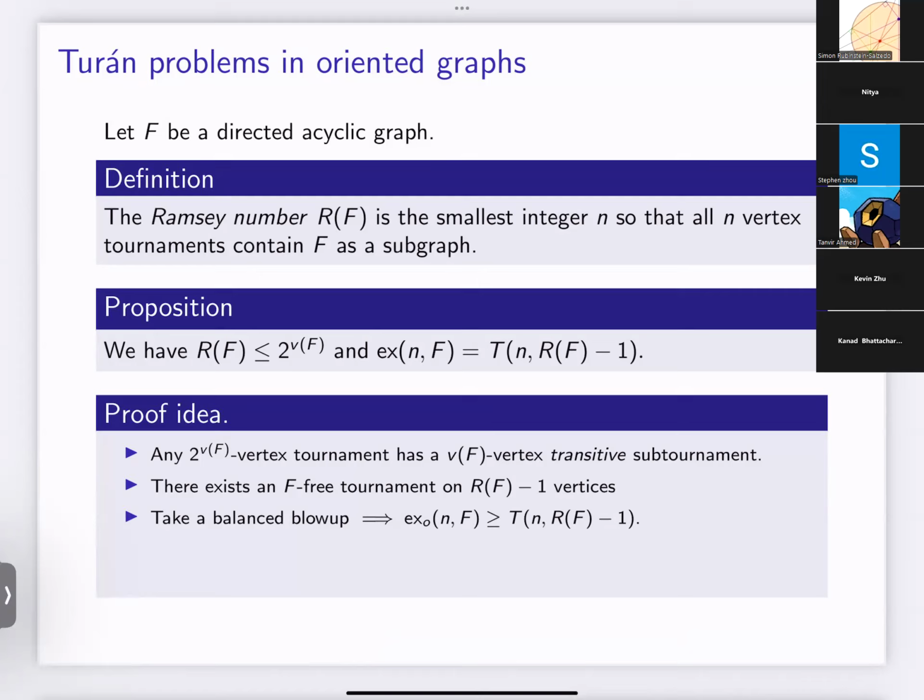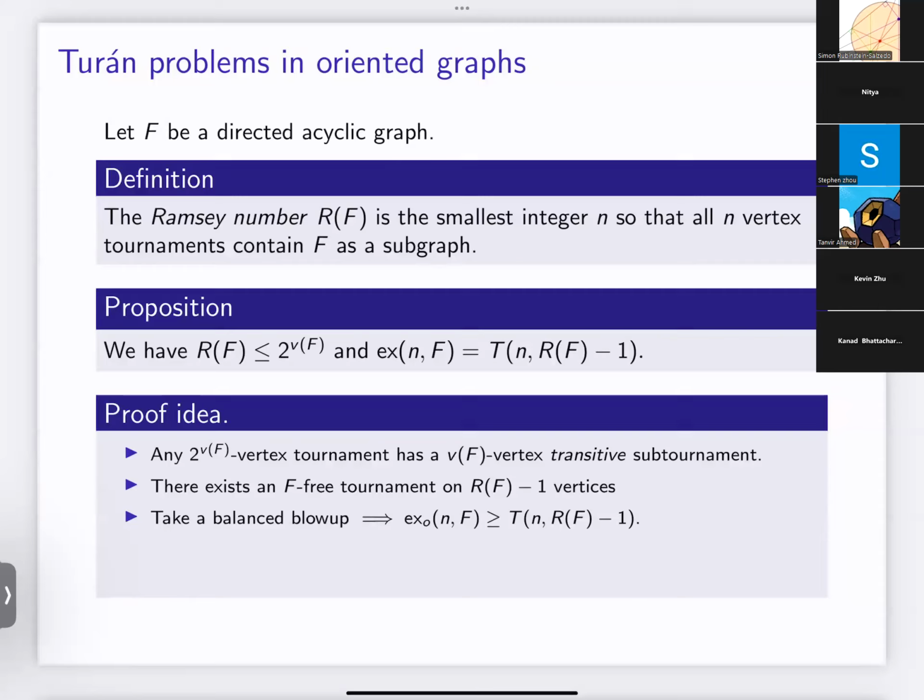All right, so let's understand what this is saying. Now I have n vertices. That's what the first parameter of this T function is saying. And the second parameter is saying that I divide them up into R of F minus 1 different parts. So now I have these n vertices, clumped up into R of F minus 1 groups, and I'm going to connect every pair of vertices that are in different groups together.